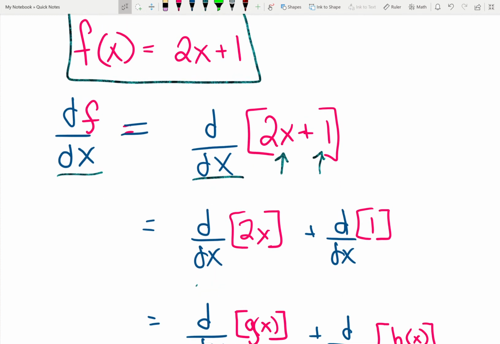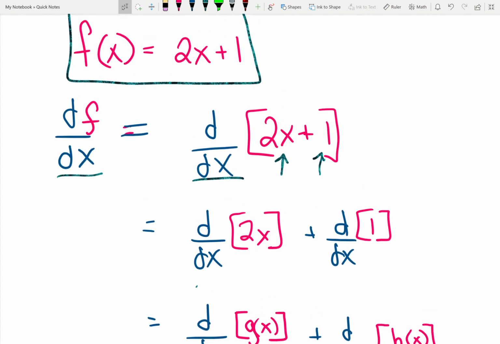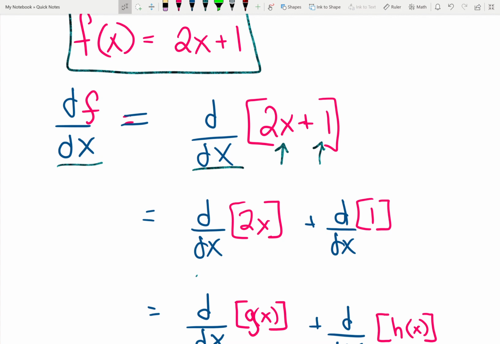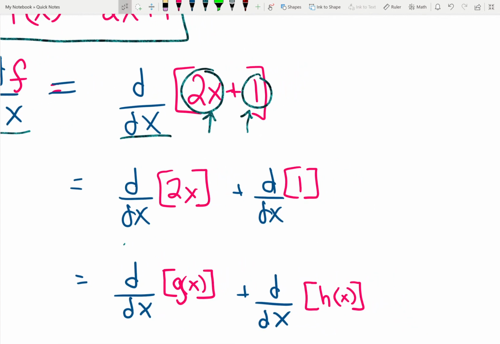Sorry, before we even get there, I forgot the point of doing this. You want to think about it like this: we're splitting these up into two terms, 2x and 1, and we're differentiating each one, pretending they're each their own function.